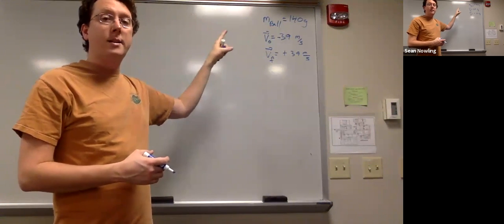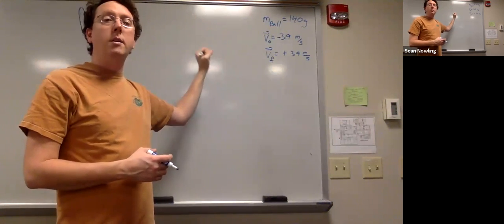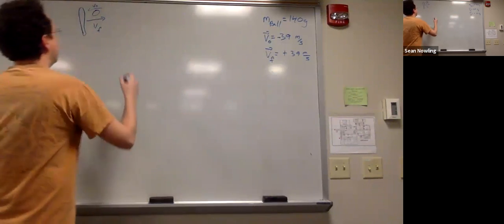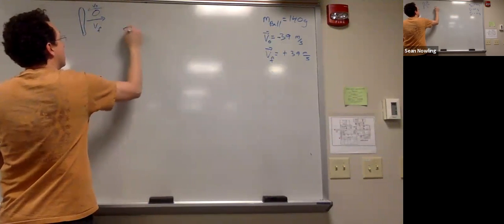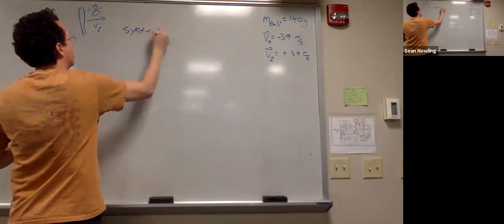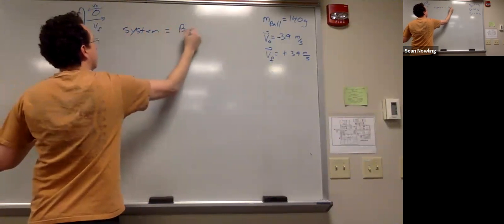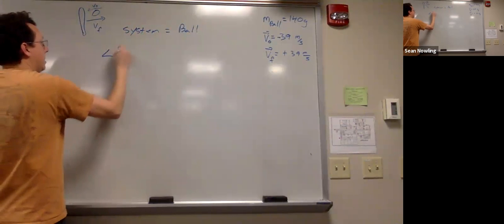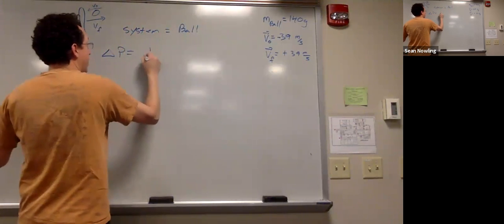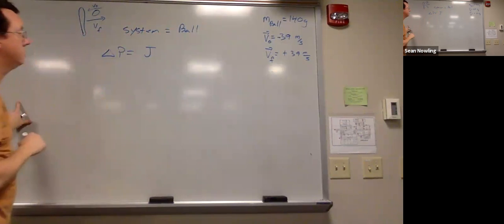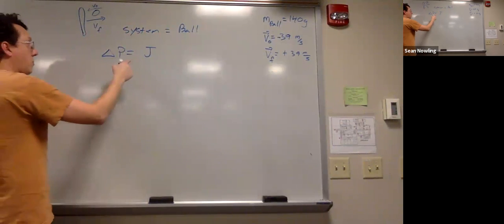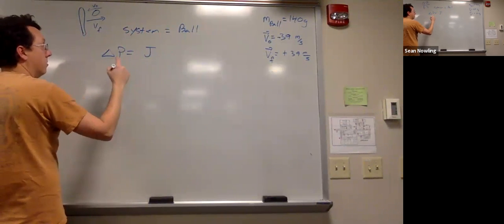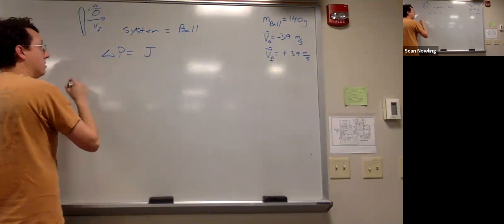And then the next step is to write down the impulse momentum theorem. So system equals ball. And then I write down delta P equals J. Well, okay, so now I just use arithmetic.